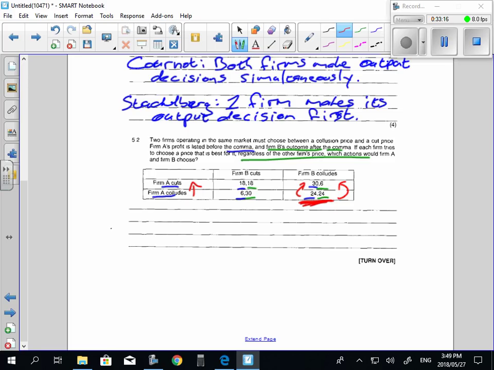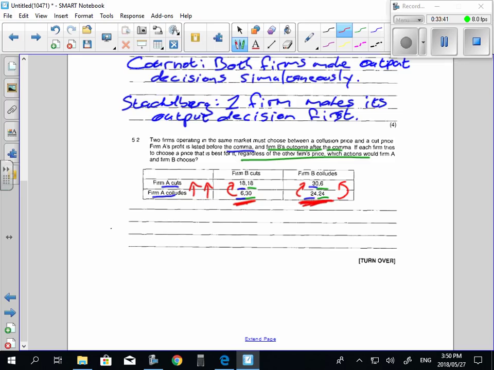If, on the other hand, firm A was colluding and firm B was cutting the price, so firm B was earning 30 Rand and firm A was earning 6 Rand, if firm A cuts the price and they move up here, they're going to earn 18 Rand instead of the 6 Rand. Does that make sense? So 30 Rand is better than 24 Rand and 18 Rand is better than 6 Rand.